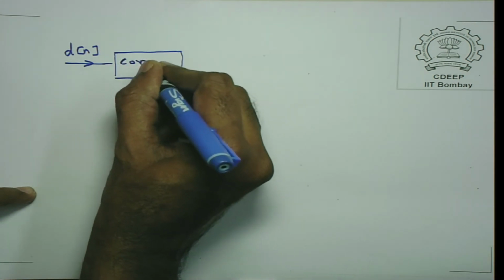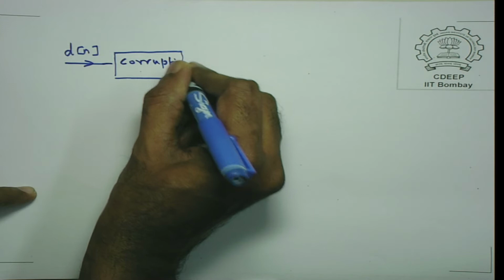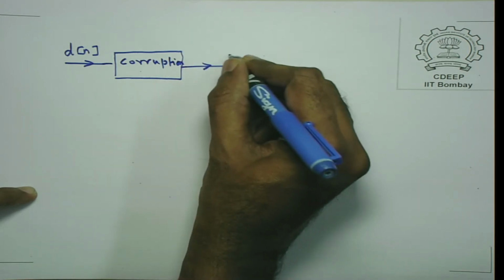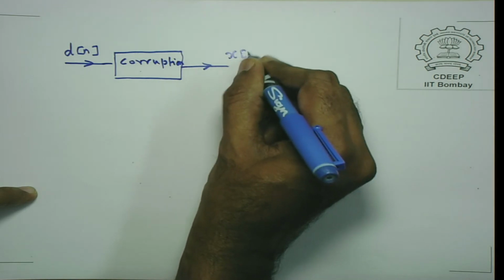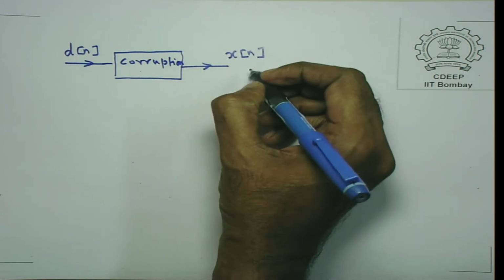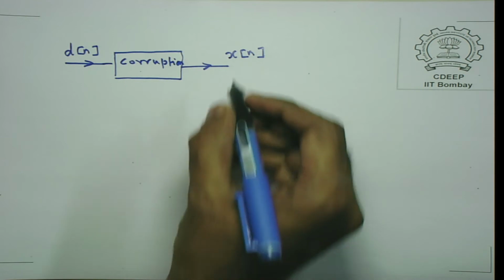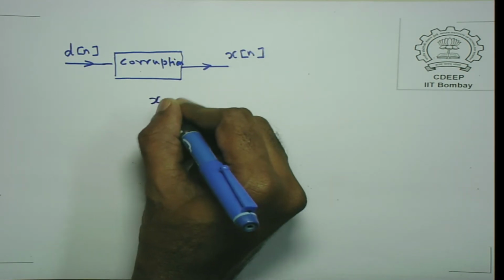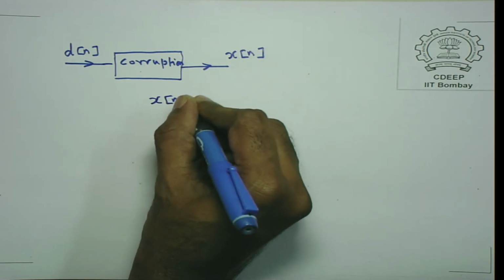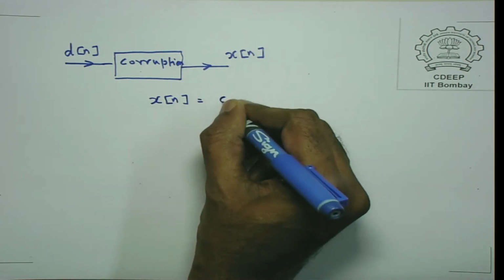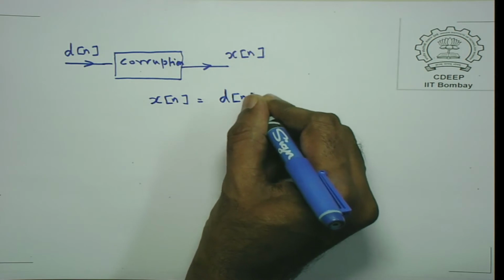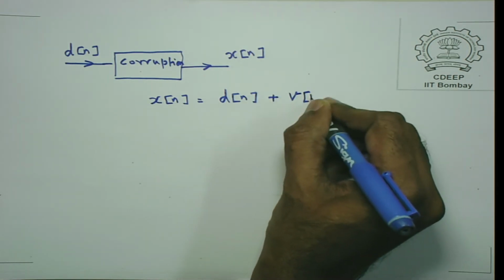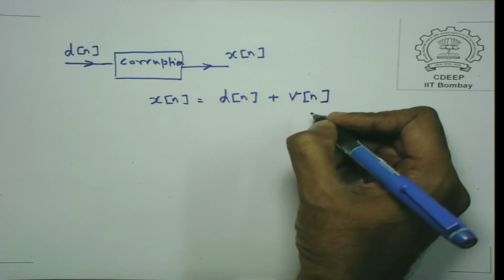It's assumed that there is some corruption or modification to the signal, and the signal we are hence observing is, let's say, this x of n, right? So this x of n is a signal which can be thought of as the desired signal d of n plus some signal which arises due to this corruption.